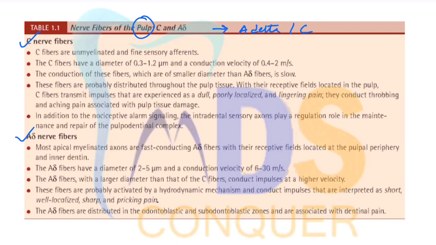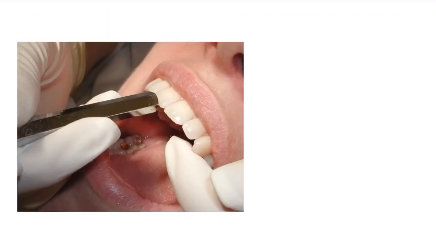You can pause the video and check all the points, that is the diameter, conduction velocity, where they are present, and what mode of pain they carry. All these are very important points to be added. As already discussed, the symptoms are subjective and objective, and most of your subjective symptoms are related to pain.